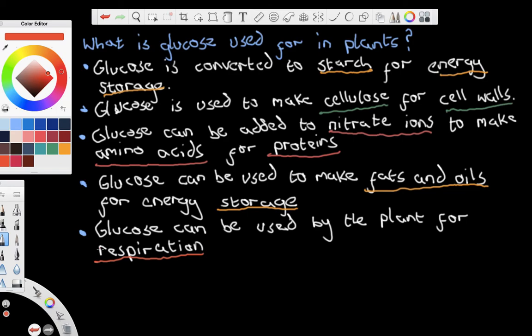Plants carry out respiration when the sun goes down. Obviously, when the sun goes down, plants can no longer do photosynthesis, so they switch over to respiration.